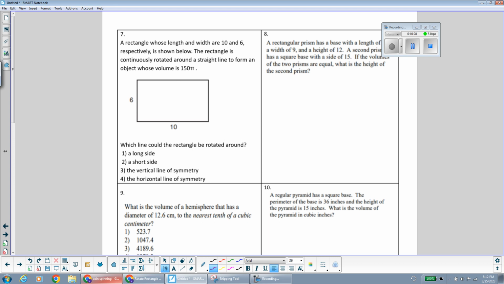Let's do these in order. So the long side, let's try that first. We rotate it on the long side. That's one circular part. That's the other circular part. Our cylinder will have a radius of 6 and a height of 10. So if we plug into the volume formula, that would be a radius of 6 and a height of 10.